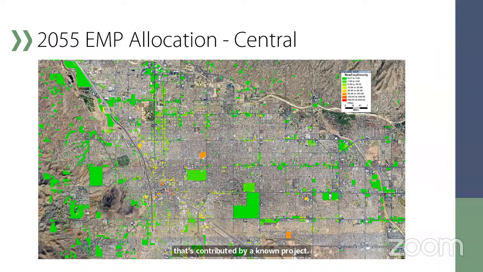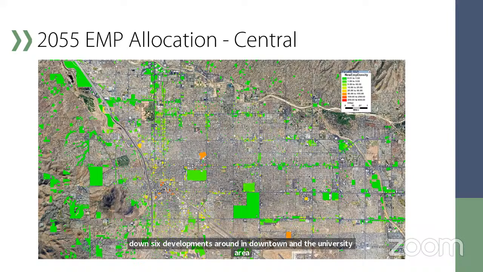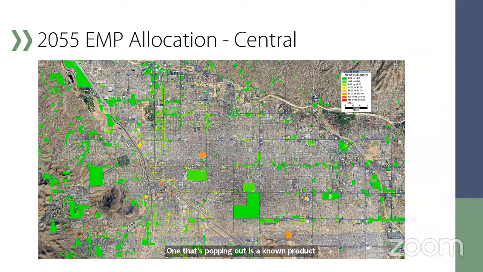In the central region, lower density overall, but you can still see a lot of growth focused along the arterials, Oracle, Stone, some down Sixth, developments around downtown and the university area. One that's popping out is another known project at the Banner Medical Center.